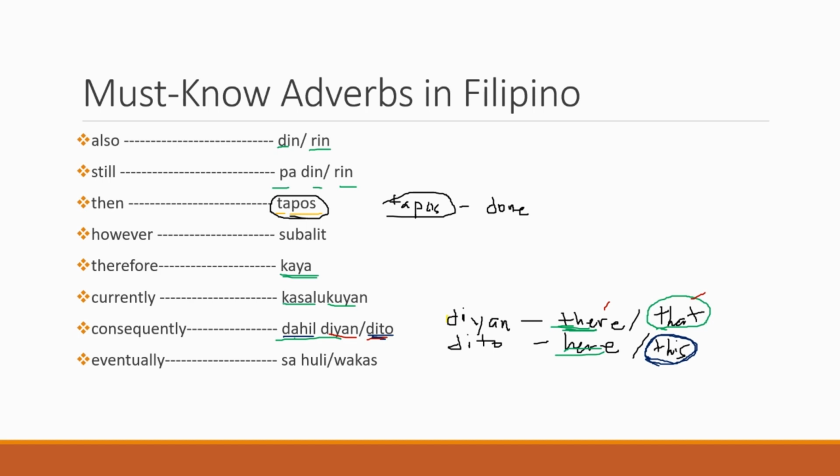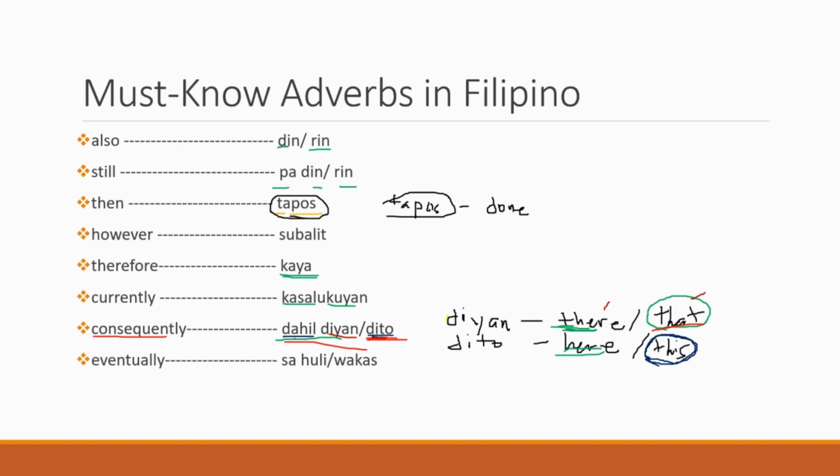So, to make it clear, in this adverb, dahil dyan, we use that, because of that, consequently. They are the same. Dahil dito is, and because of this, or consequently.